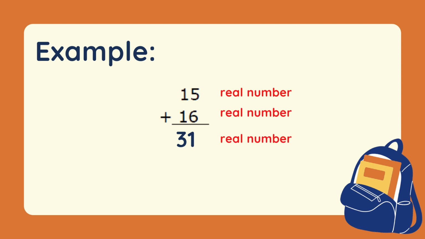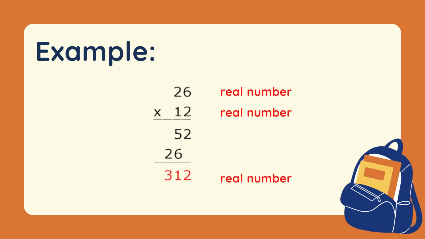Therefore, the answer, which is 31, is also a real number. In multiplication, let's say for example, 26 and 12 are real numbers, therefore their product, which is 312, is also a real number. Adding or multiplying two real numbers produces another real number.